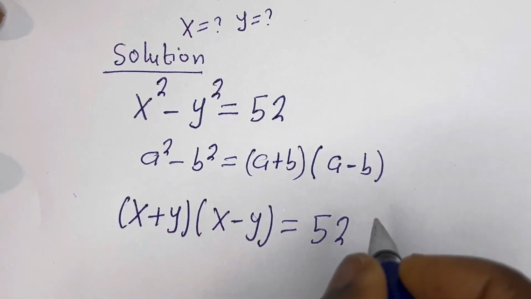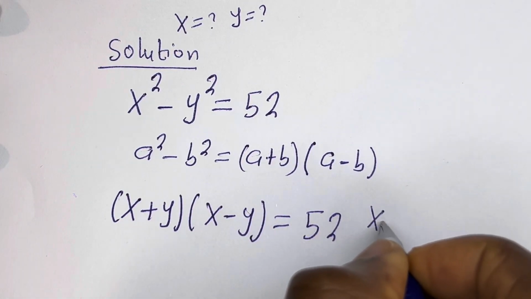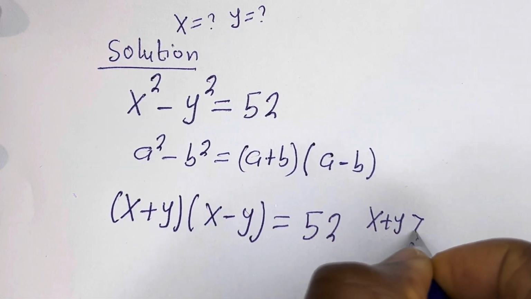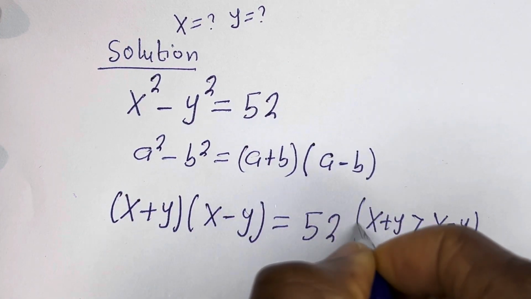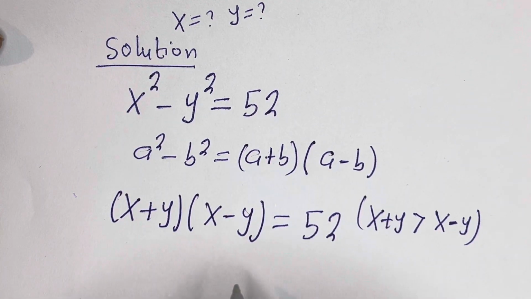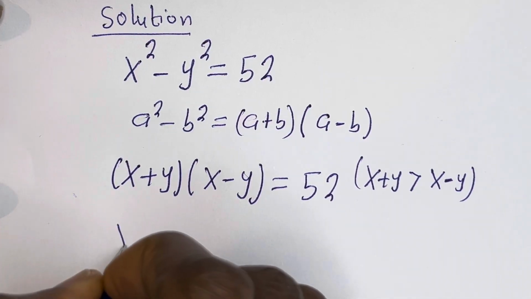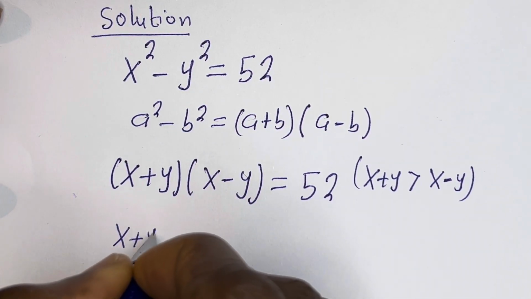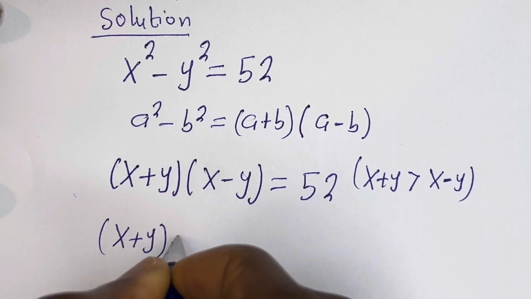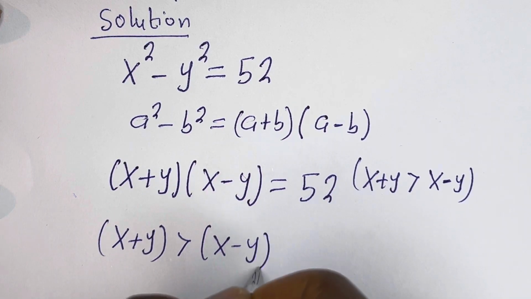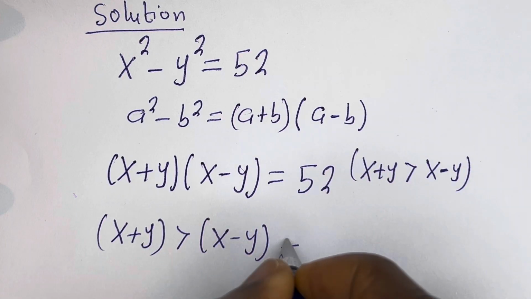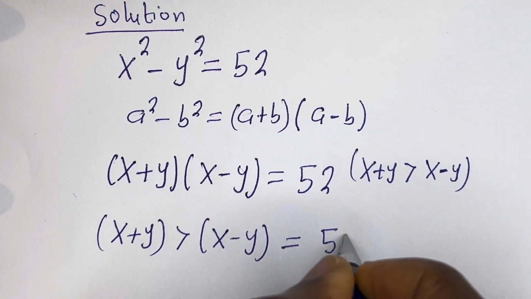Note here, x plus y is greater than x minus y. Then (x plus y), which is greater than (x minus y), is equal to 52.